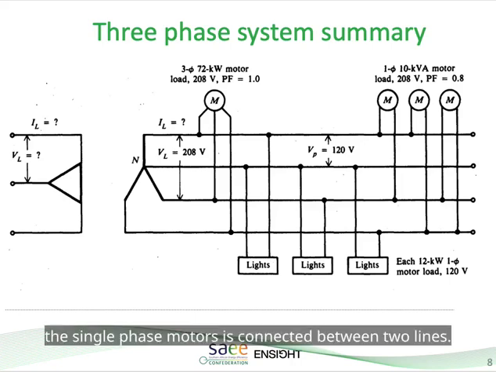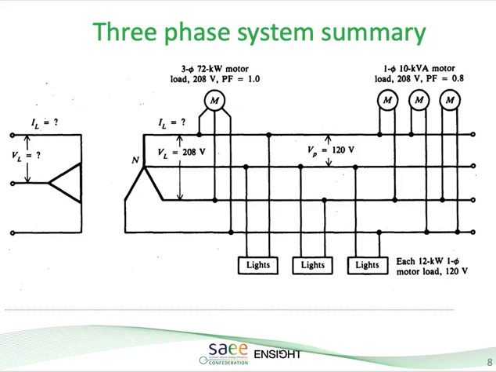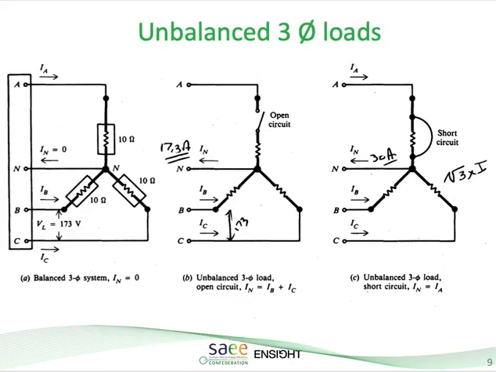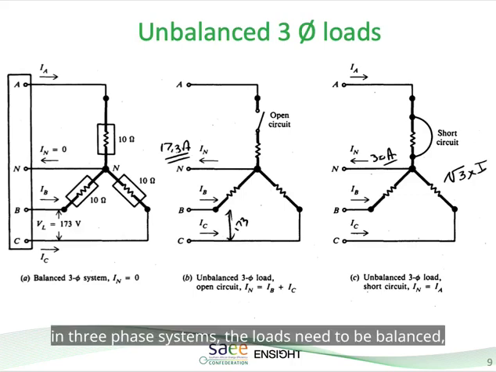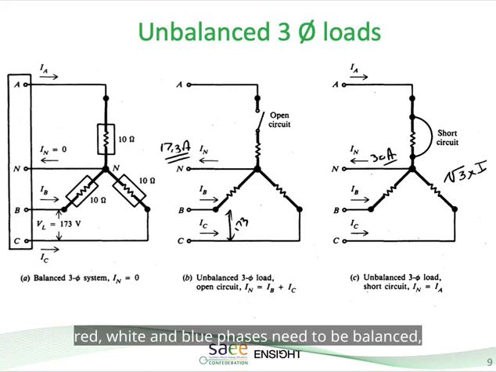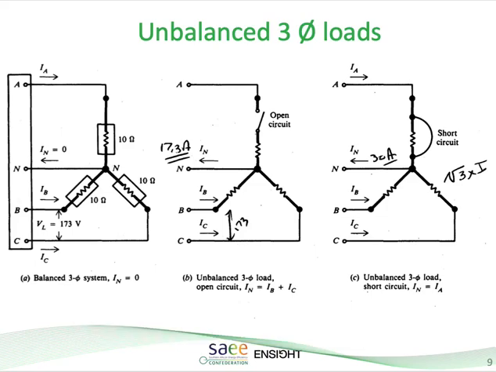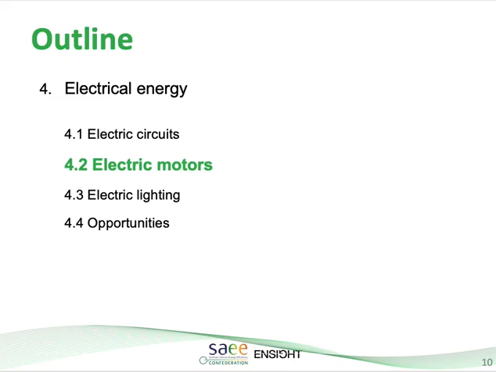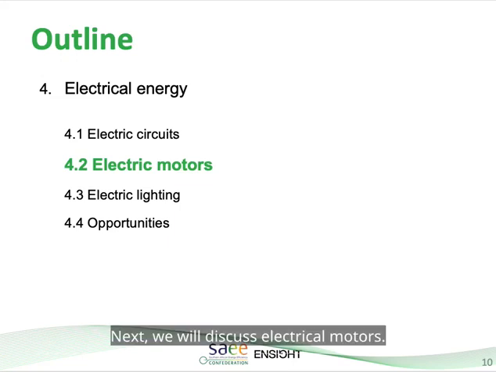The single-phase motors are connected between two lines. It's noteworthy to establish that in three-phase systems, the loads need to be balanced, meaning line 1, 2, and 3, red, white, and blue phases need to be balanced, as this creates a whole lot of power quality issues if unbalanced. Next, we will discuss electrical motors.